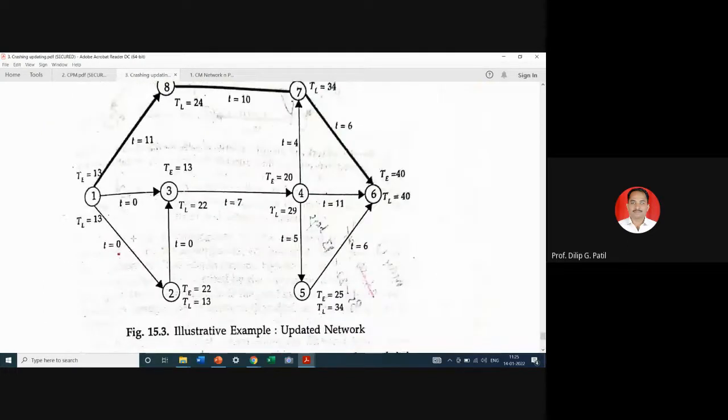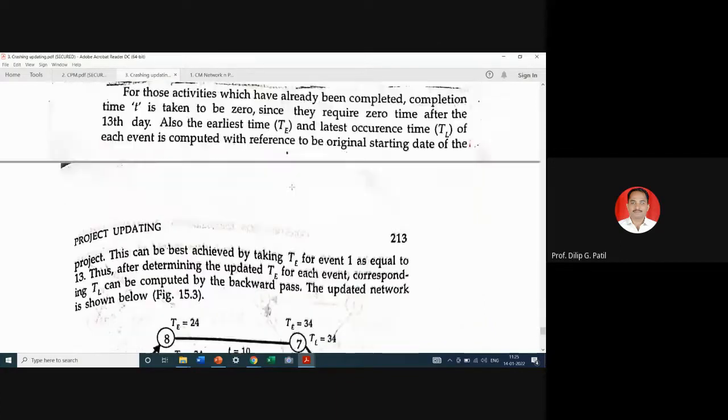So you will find that the activities that are completed will have 0 time duration required, 0 0 0. Here 11, 10, 7, 11 हे जे आहेत ते कुठले ड्युरेशन्स आहेत, हे सगळे या टेबल मधले आहेत एवढे.